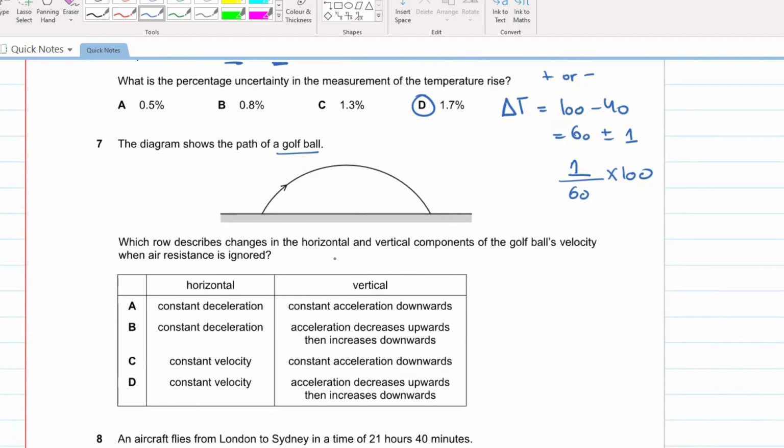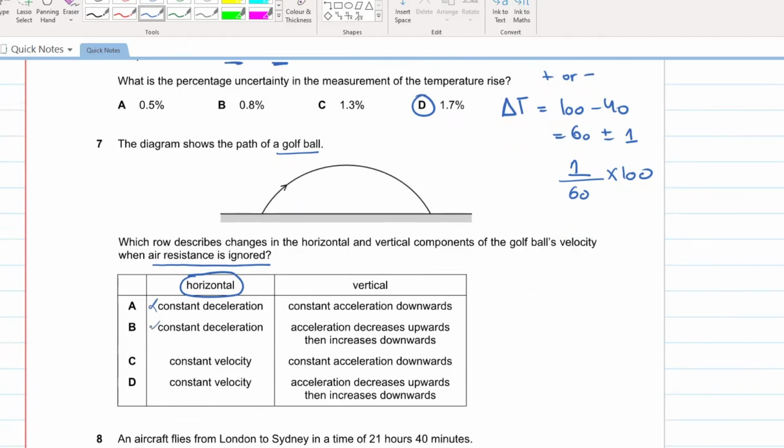The diagram shows the path of a golf ball. Which row describes the changes in the horizontal and vertical components of the velocity of a golf ball when air resistance is ignored? Beta, when air resistance is ignored, do you remember the horizontal component of velocity in projectile motion used to remain what? There used to be a constant horizontal velocity.